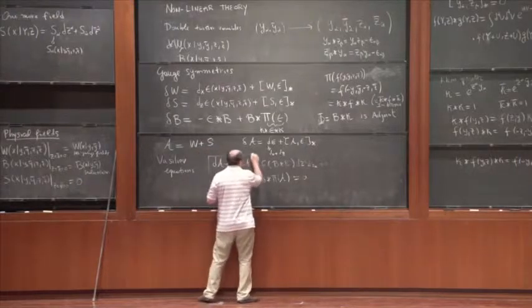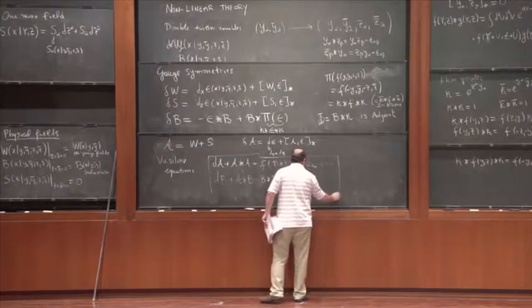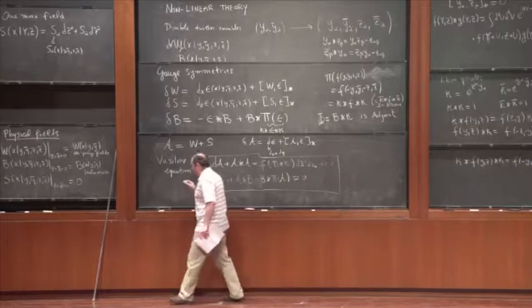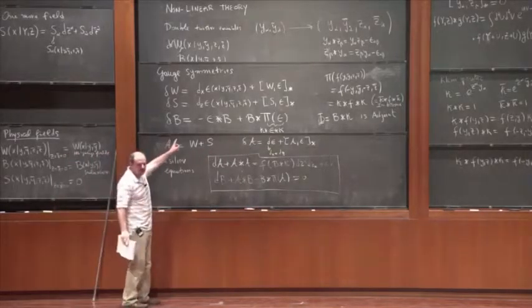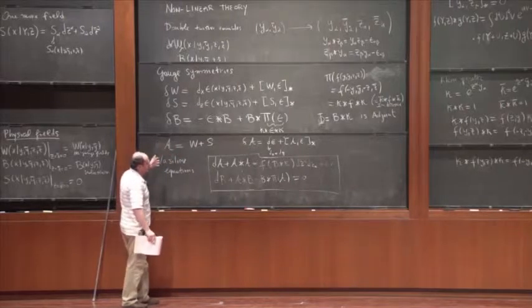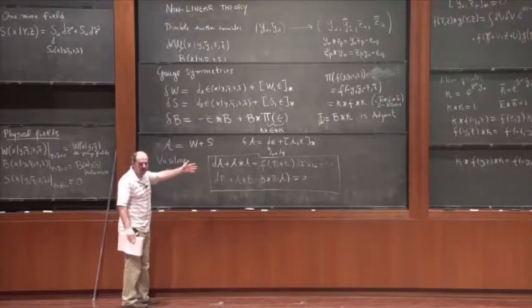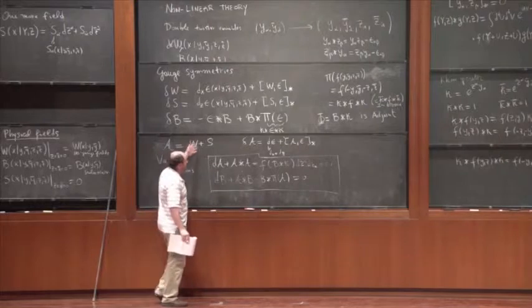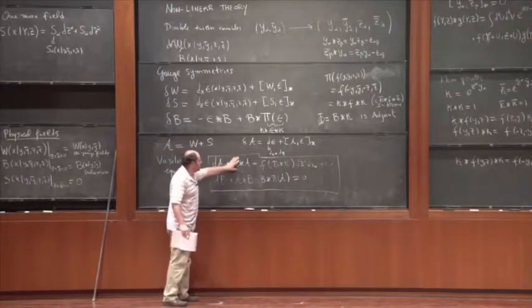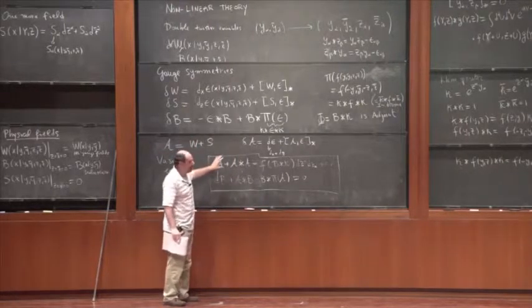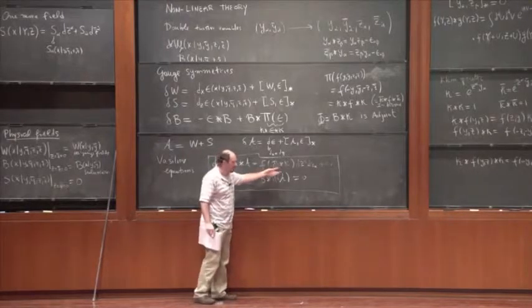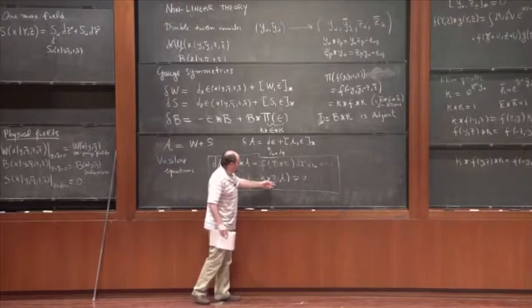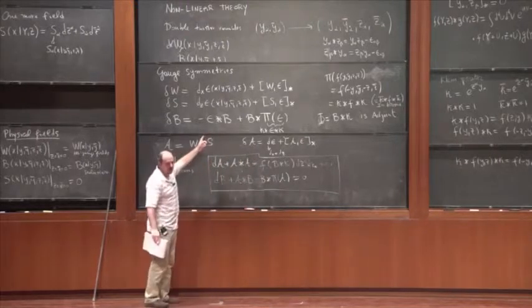Okay, so these are the equations. Now it's straightforward to check that they are indeed invariant under these gauge symmetries, because we're just using the standard language of Yang-Mills theories. You can see that this object here transforms as an adjoint. This object here is a function of B star kappa, it transforms as an adjoint, and this pi here is because B is postulated to transform in that way.